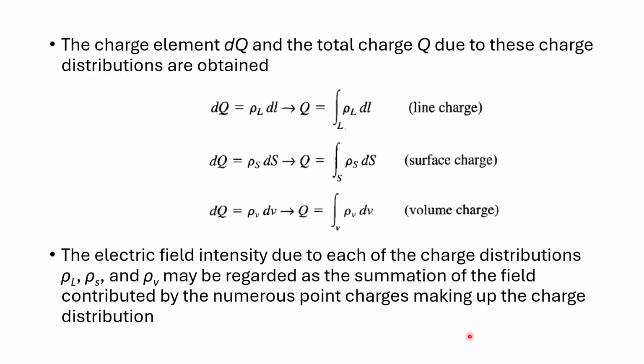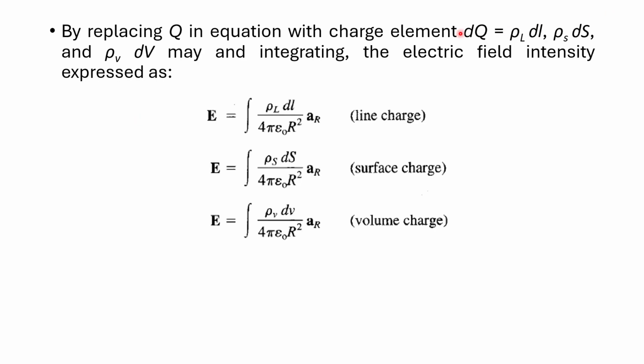The electric field intensity due to charge distribution may be regarded as the summation of fields contributed by numerous points. So each charge element will produce an electric field. Then the summation of those charge elements will give you the total electric field.